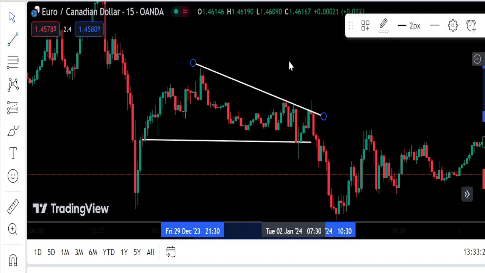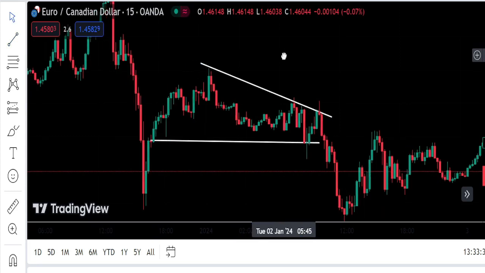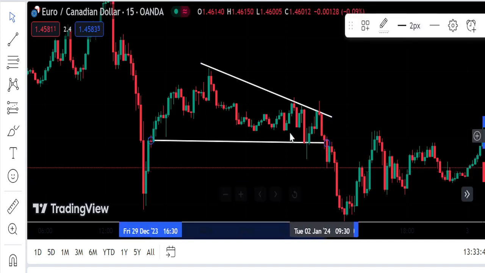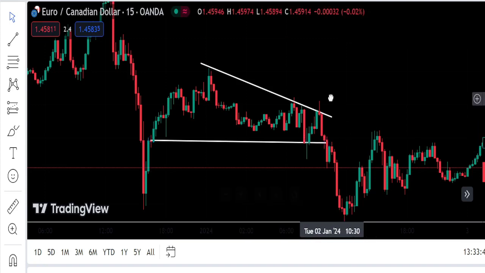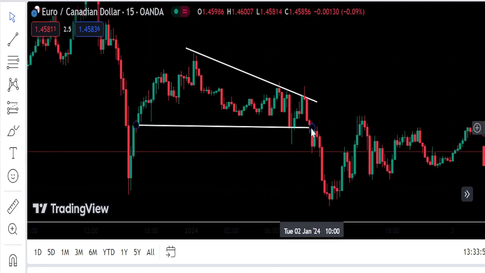So this is our triangle, right? So let's say if we have this as our triangle, what we are saying is that the confirmation only occurs if we have a breakout of this line here.